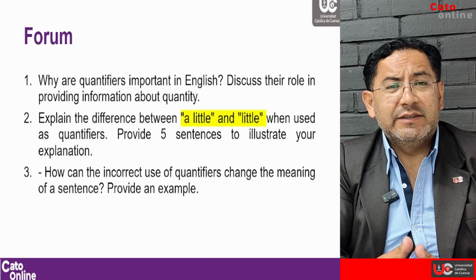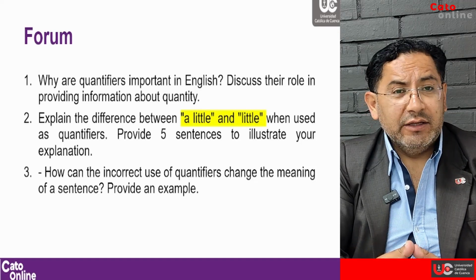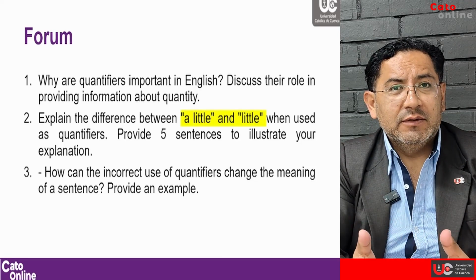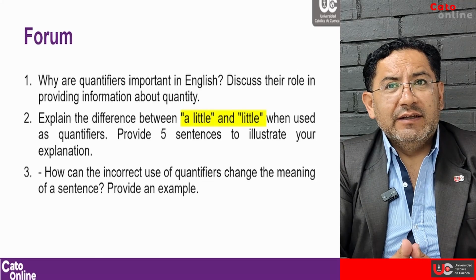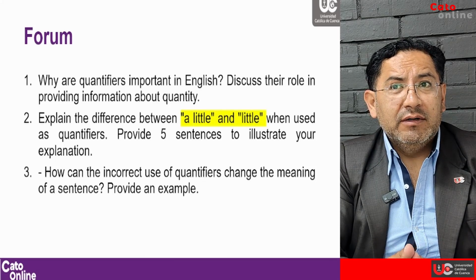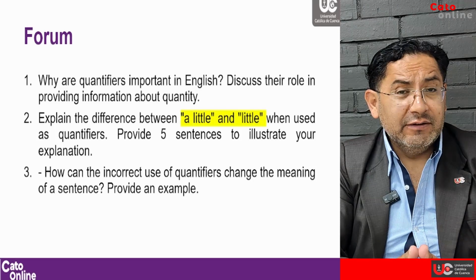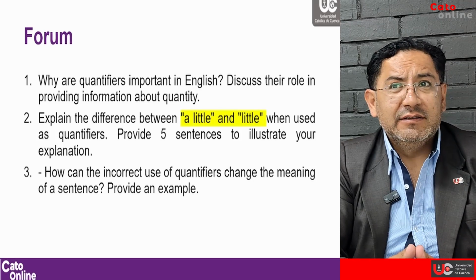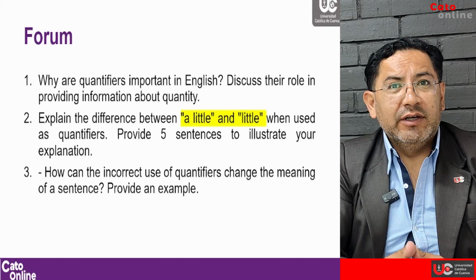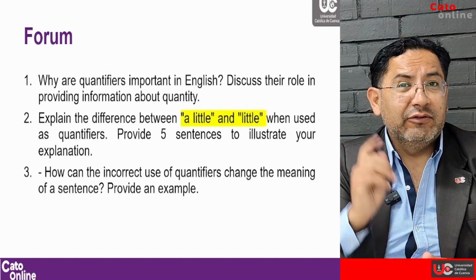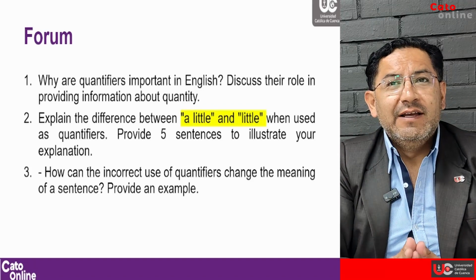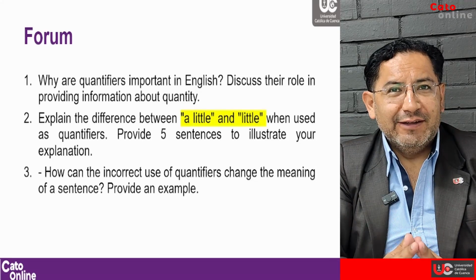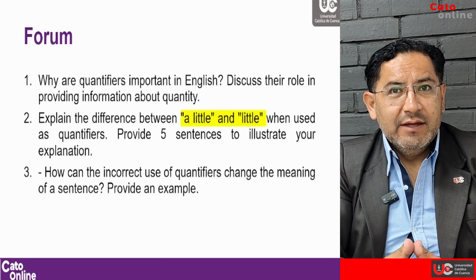Try to give examples, explain your point of view with examples. Explain the difference between a little and little when used as quantifiers. Provide 5 sentences to illustrate your explanation. Try to focus on this quantifier, give your ideas and explain.